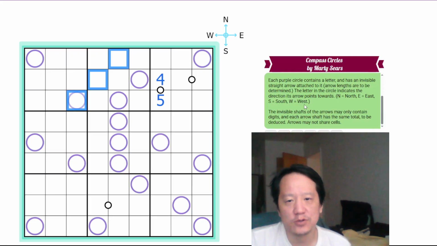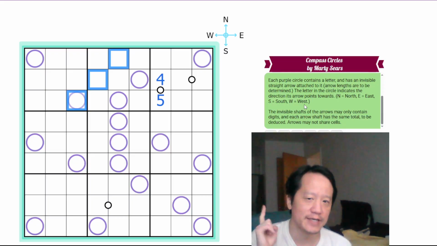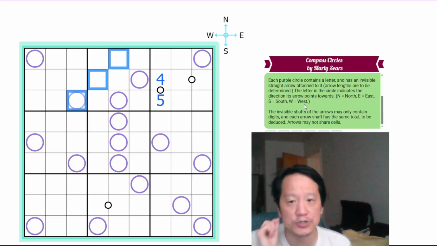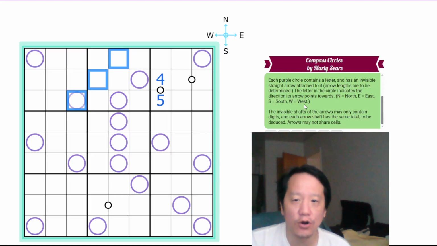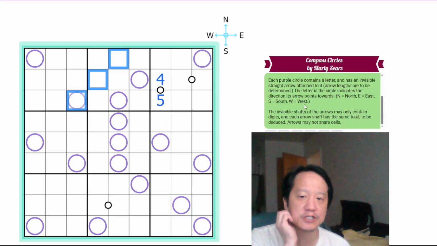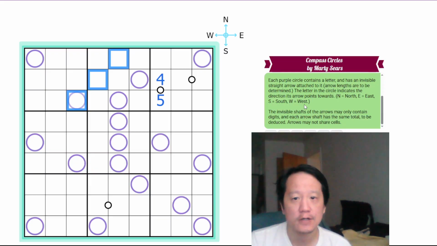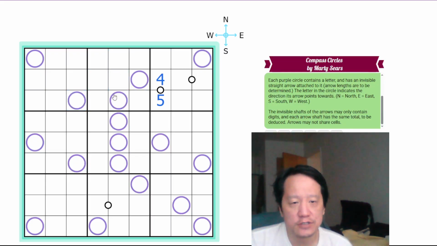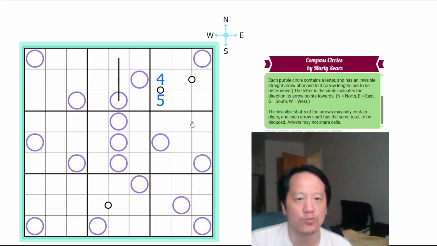The invisible shafts of the arrows may only contain digits, and each arrow shaft has the same total to be deduced, and arrows may not share cells. So we have to have something going out from this, and it could be in north, south, east, or west.